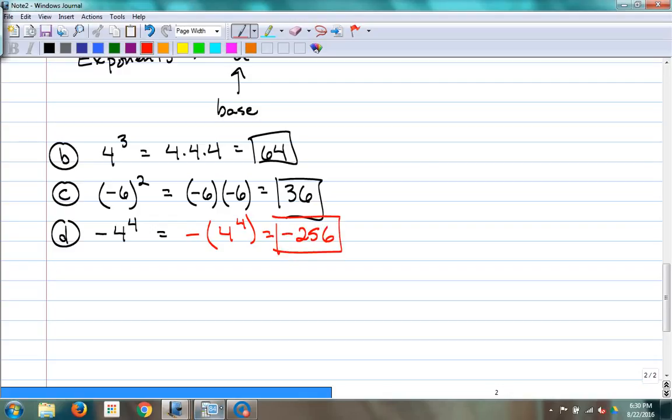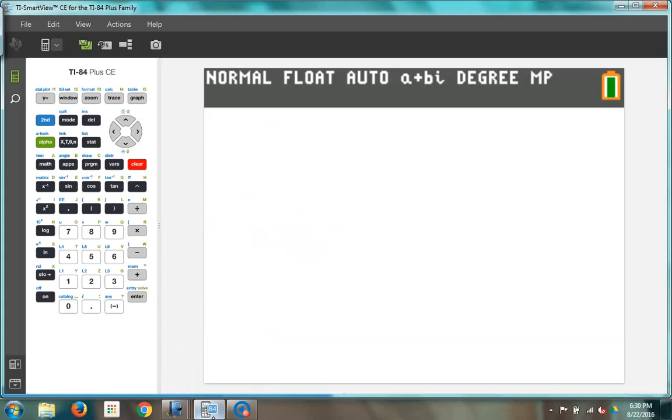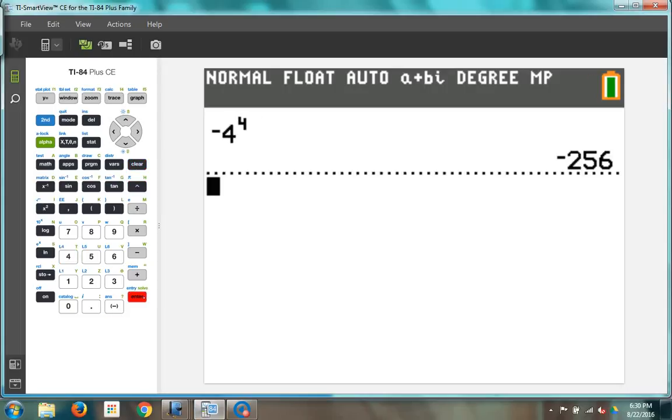If you're using the graphing calculator, some of you already have one, be very careful when you're typing that stuff in. So if you're doing negative 4 to the 4th, like this problem is, you can type it straight in, and we get negative 256. But if you were doing negative 6 squared, if you type it in and hit enter, it's going to square the 6 and then make it negative.